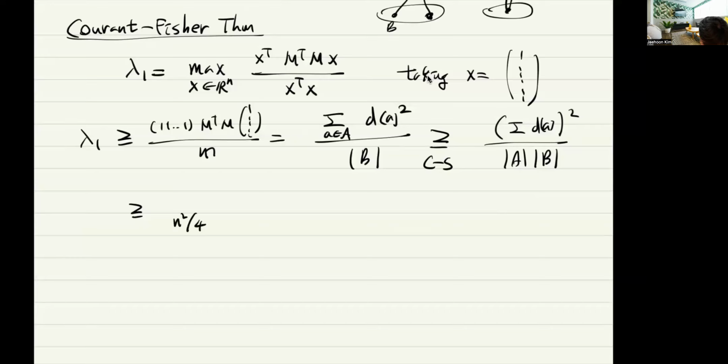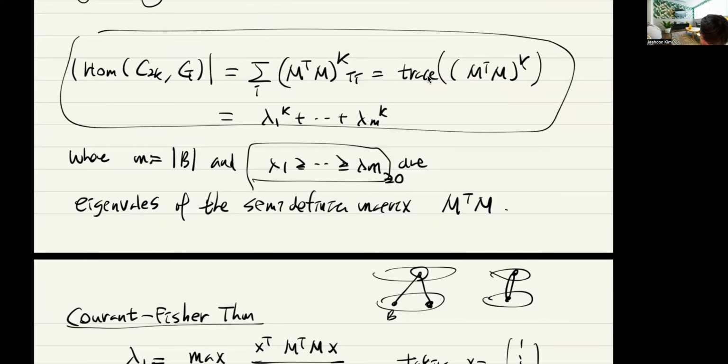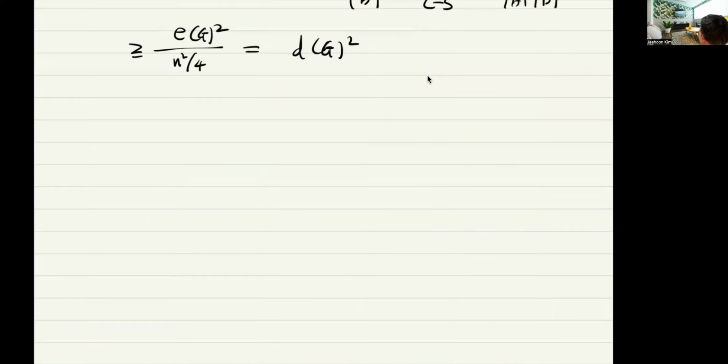So this is maximized here, and the above one is the number of edges squared, which is the average degree squared. From this, what we know is that lambda 1 to the k is at least the average degree to the 2k. That's exactly what we wanted.